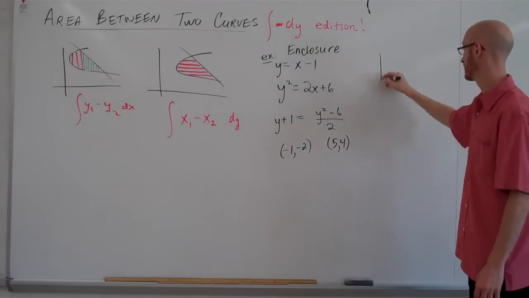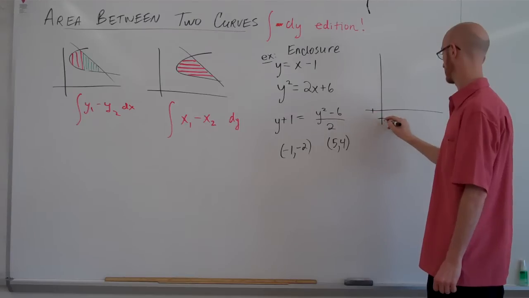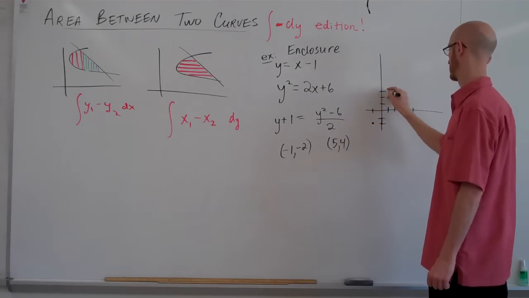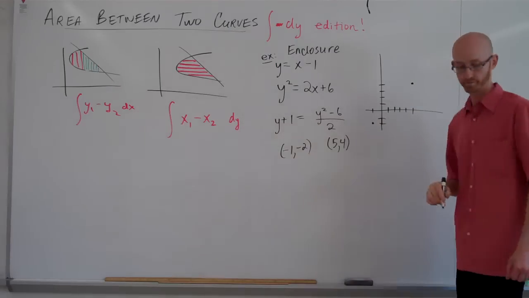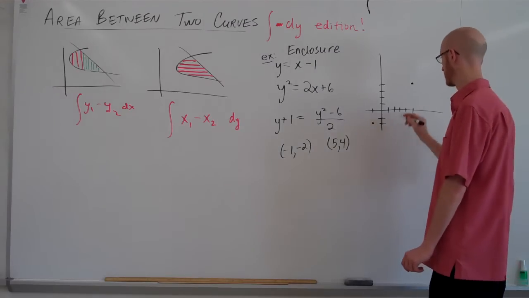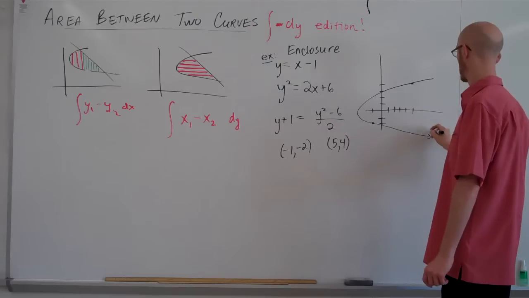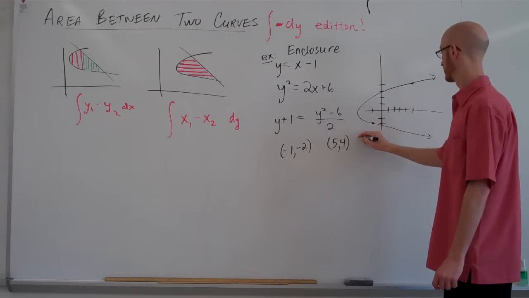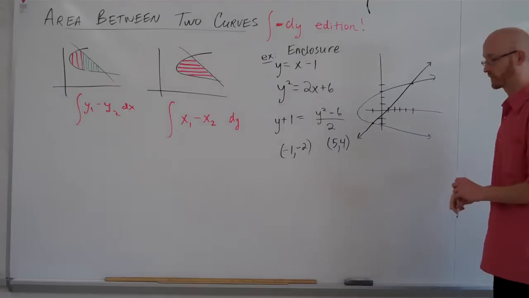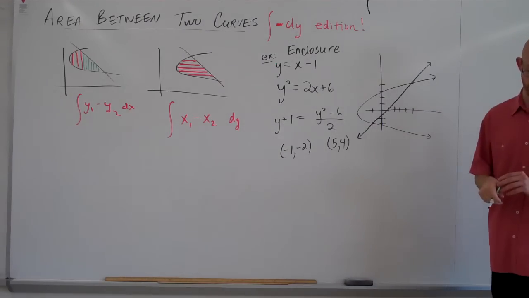So now to get an idea of the picture, (-1, -2) and (5, 4), our picture kind of looks like that. I fully realize there's probably all kinds of detail that is not very good in there, but that's okay.